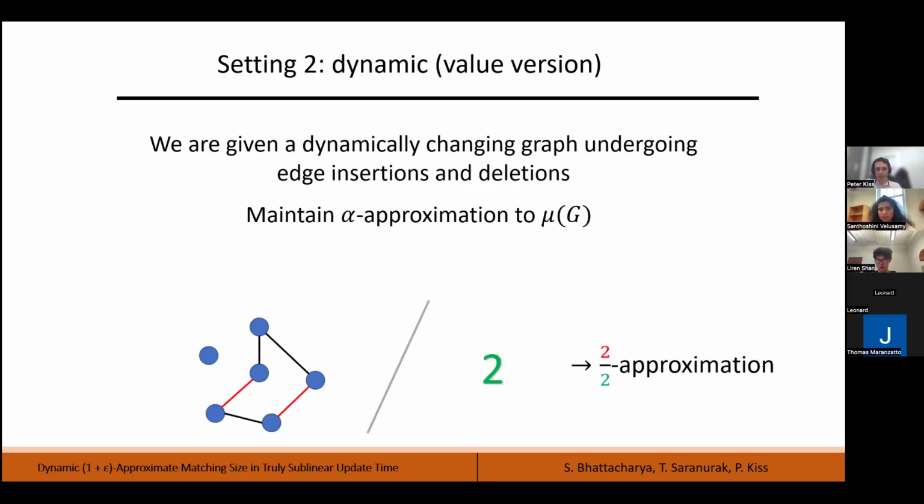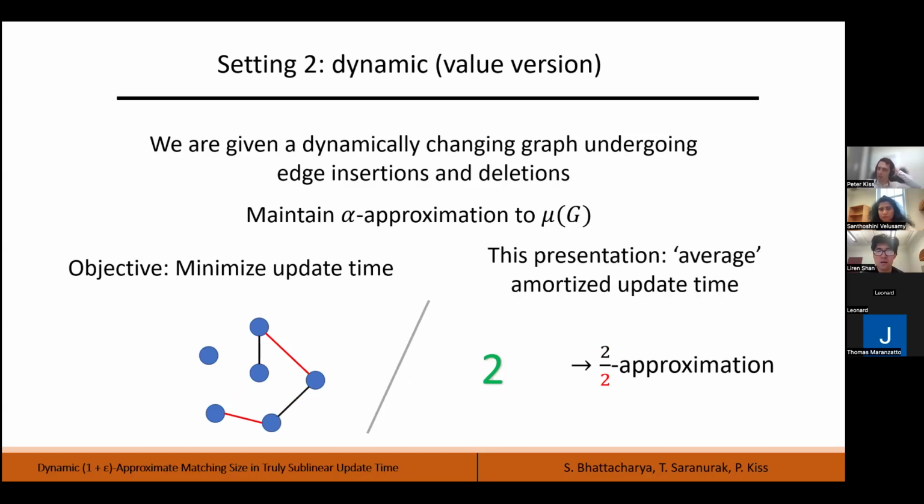So we are really maintaining just a single number. Our objective is to minimize the update time. And in this paper, we will always think of update time as the average update time over some series of updates, amortized update time. But do note that every result in this paper can be generalized to be worst case, but it's easier to think about it as amortized.